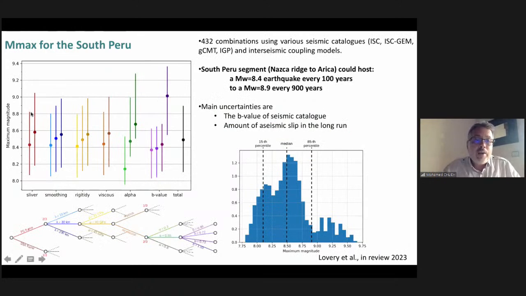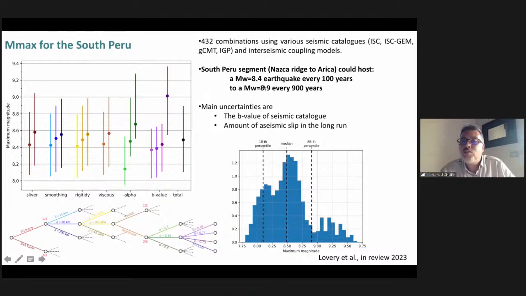So here, by varying different parameters of all the modeling that you have seen earlier, and by using some classical logic tree combination, what we find is that the maximum magnitude earthquake in the south of Peru, from Nazca to Arica, is somewhere between magnitude 8.4 and 8.9.